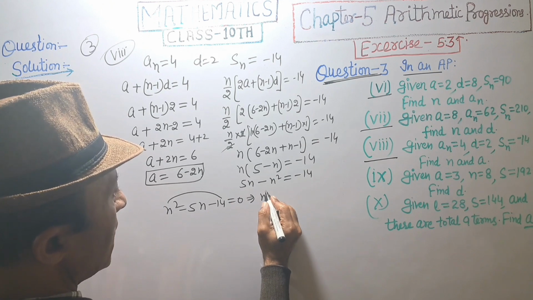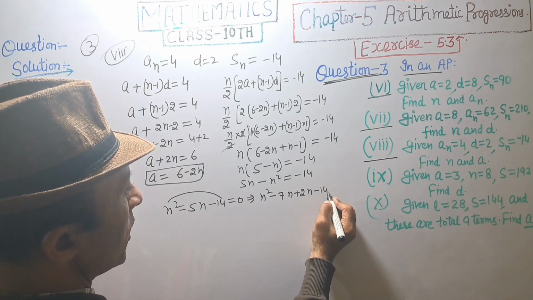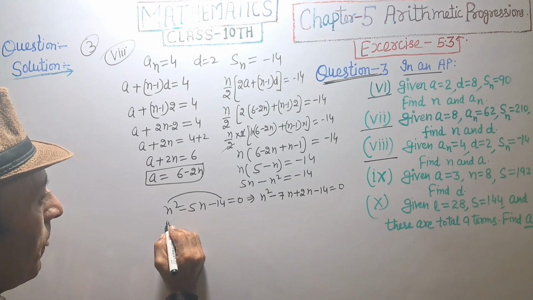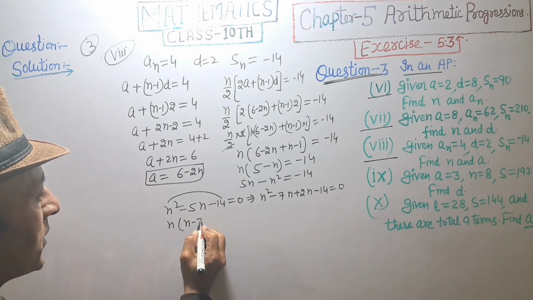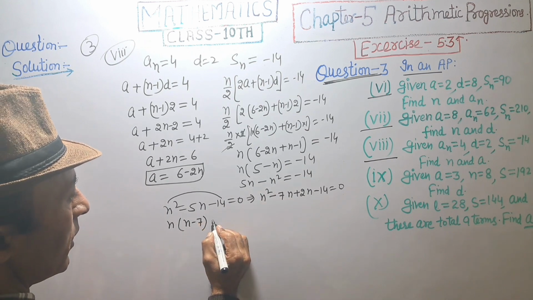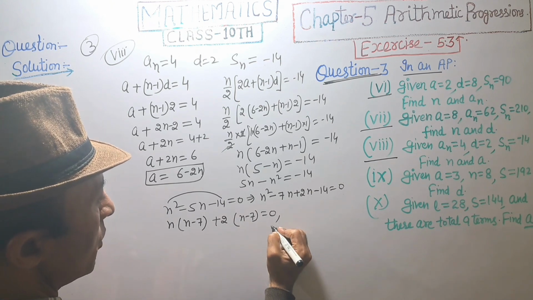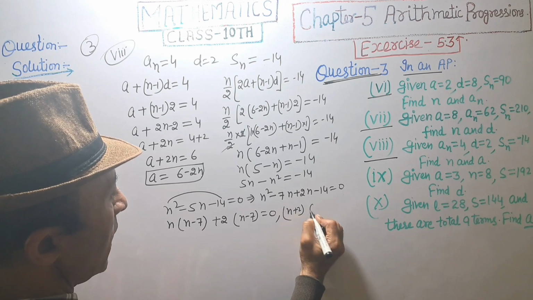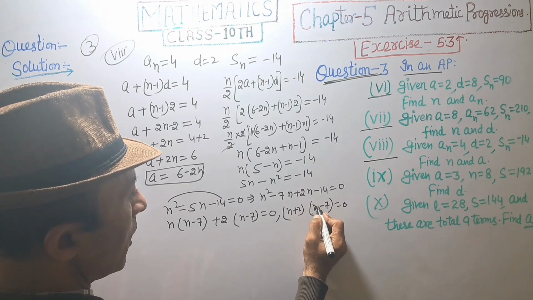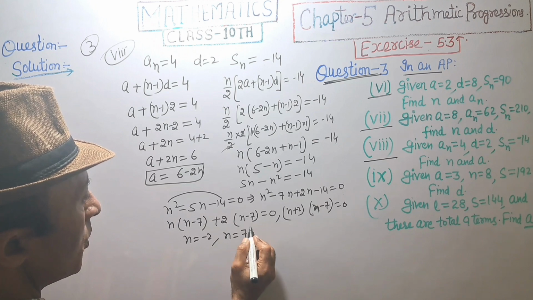This implies n square minus 7n plus 2n minus 14 is equal to 0, and n common, n minus 7, n is taken common, n minus 7 in bracket plus 2 n minus 7 in bracket is equal to 0. So n plus 2 and n minus 7 is equal to 0. N is equal to minus 2 and n is equal to positive 7.